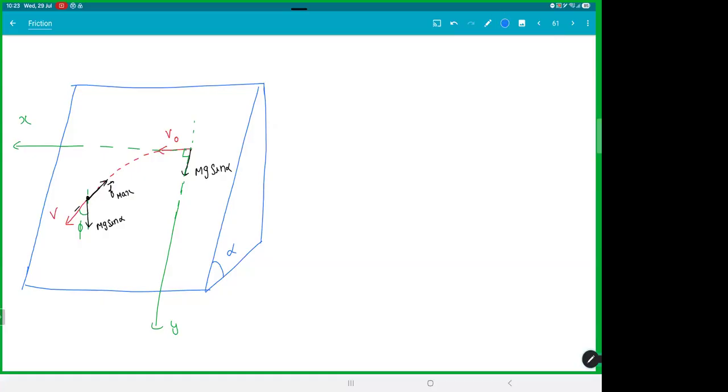So first, let's write the equations along the y-axis. There are only two forces there, F max and mg sine alpha. Mg sine alpha is along the y-axis, and F max, this angle also will be phi. So F max cos phi is equal to mass into acceleration in the y direction.